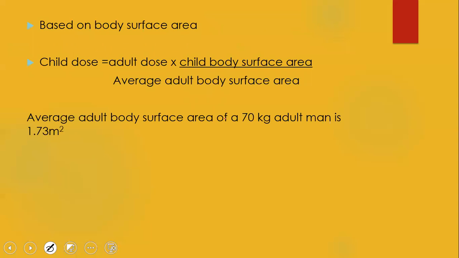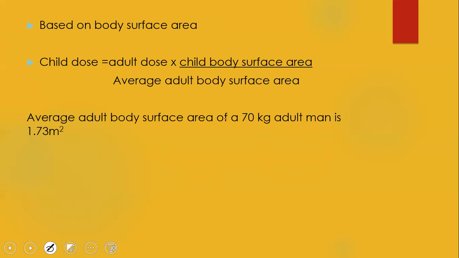So we have finished dose calculation based on age and based on body weight. Next is based on body surface area. Based on body surface area, child dose is equal to adult dose into child body surface area divided by average adult body surface area.